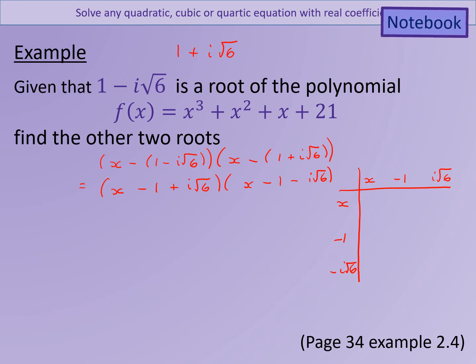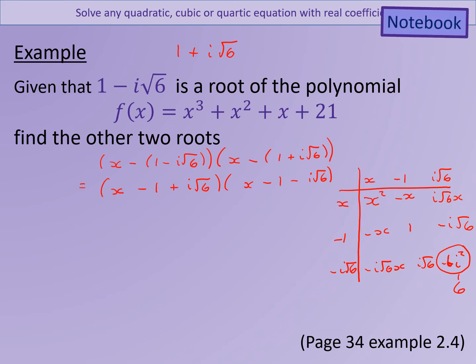So we've got x squared minus x plus i root 6 x, minus x plus 1 minus i root 6, and then we've got minus i root 6 x plus i root 6, and then we've got minus i squared times root 6 times root 6 is just 6, so it's actually minus 6 i squared, which is of course positive 6.